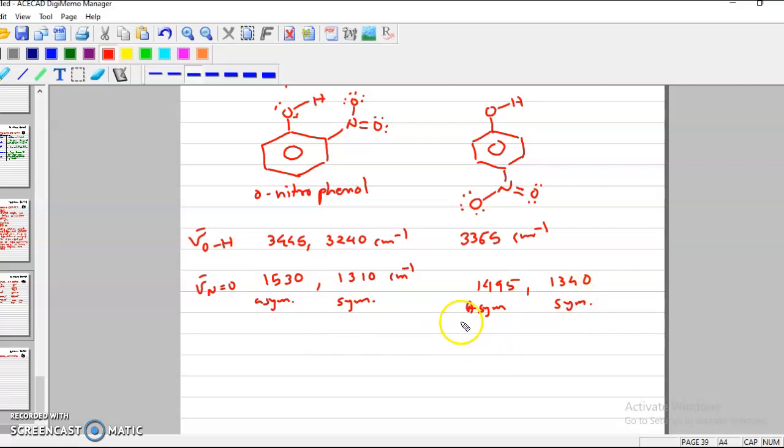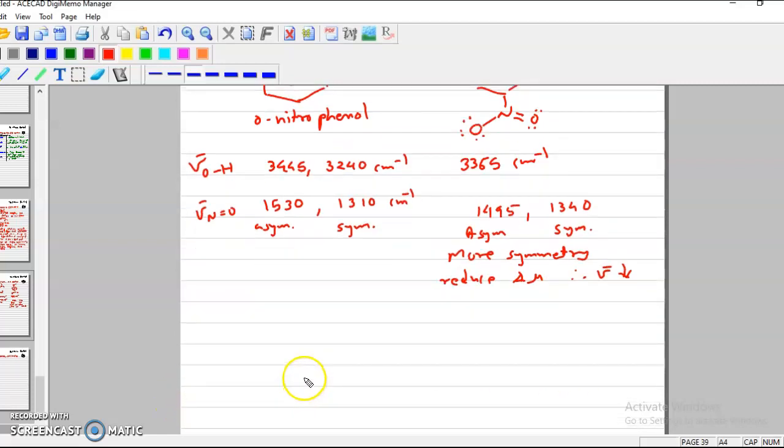Here, this is due to more symmetry. This will reduce delta mu, and therefore it will reduce frequency also. Okay. So this is the case.